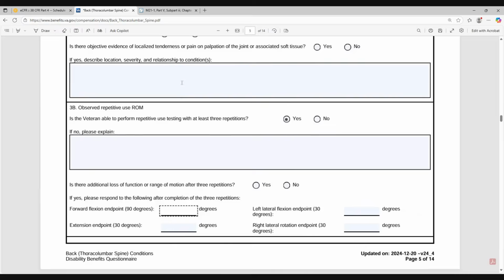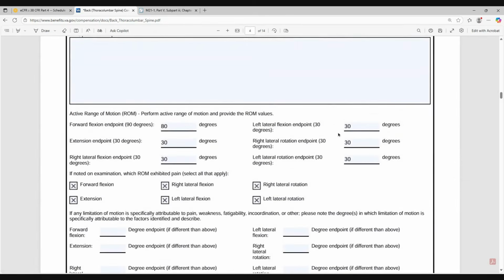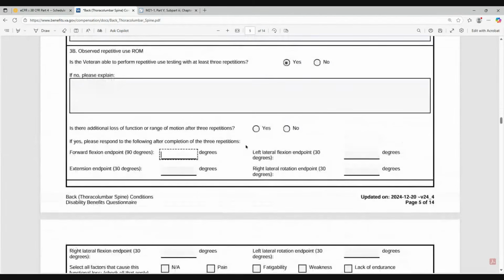So if your baseline range of motion is 80, 30, 30, 30, 30, 30, and we come down here to the repetitive use and you're at 85, 30, 30, 30, 30, that's going to weird me out because I'm going to say, okay, how do you get better using it more often? It seems like this was erroneously an error. So we will maybe not use that.